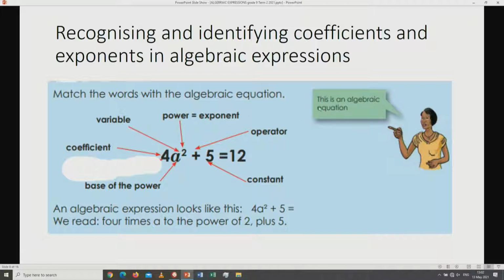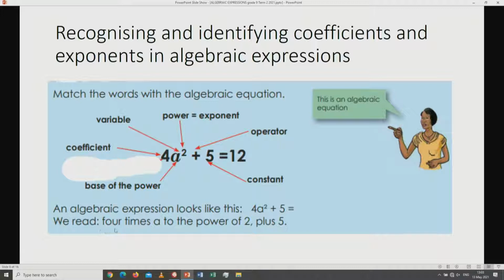So this is not an algebraic expression, it's an algebraic equation, all right? But in this algebraic equation, this side, 4a squared plus 5, is an algebraic expression.